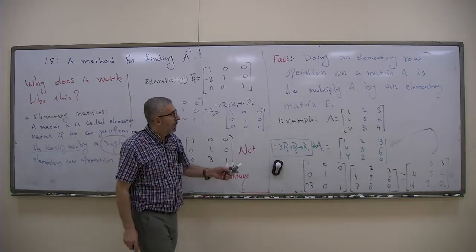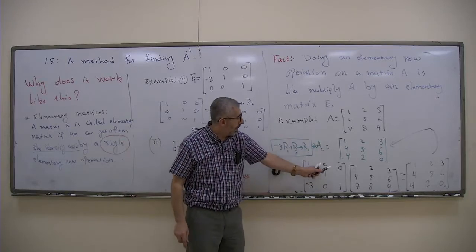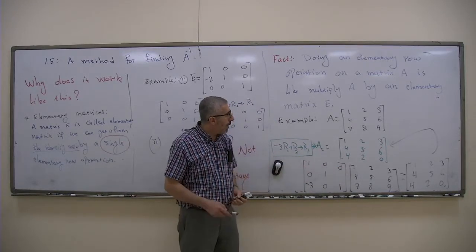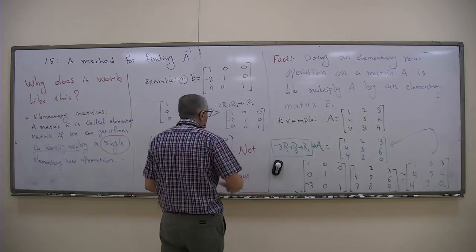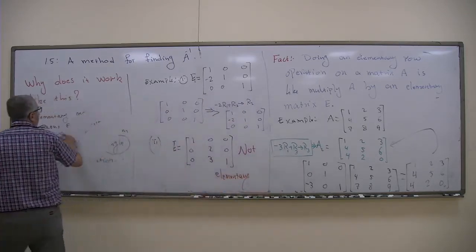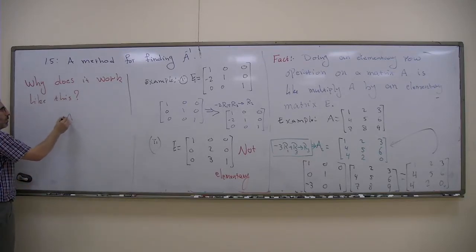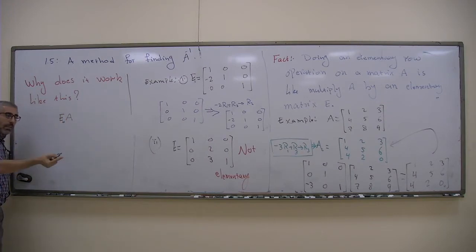So, doing this is like multiplying your matrix by an elementary matrix. Here, what are we saying? Each time you do an elementary row operation on the matrix that you start with, that is like multiplying by an elementary matrix. Do another elementary row operation, you multiply by another elementary matrix.